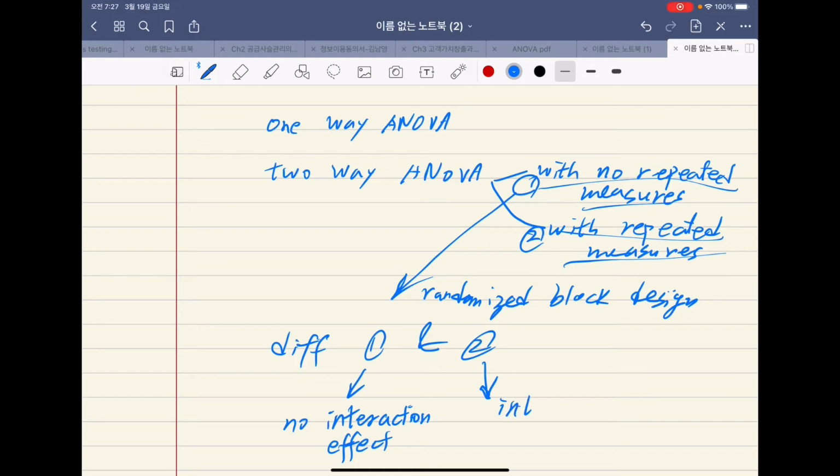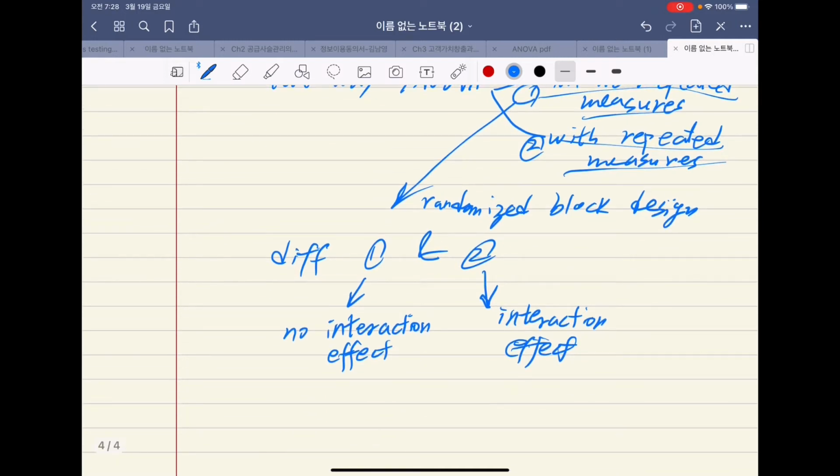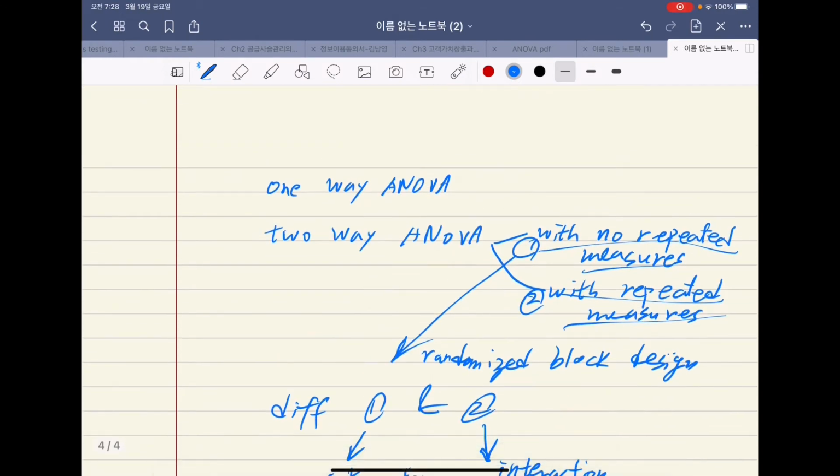Interaction effect. This is the basic difference between 1 and 2, right? So we'll talk about today these ones, okay? 1 and 2, right?